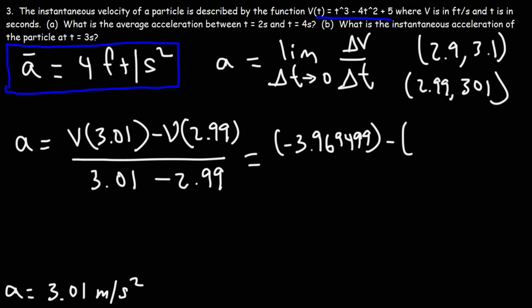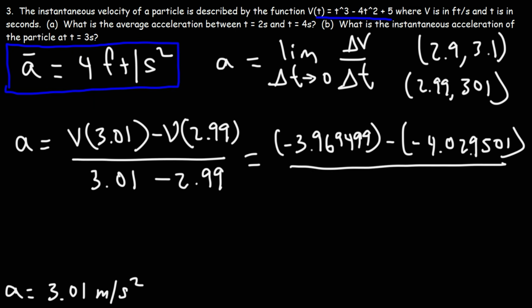And let's plug in 2.99 into the formula. So I got negative 4.029501. Now 3.01 minus 2.99, that's going to be 0.02.